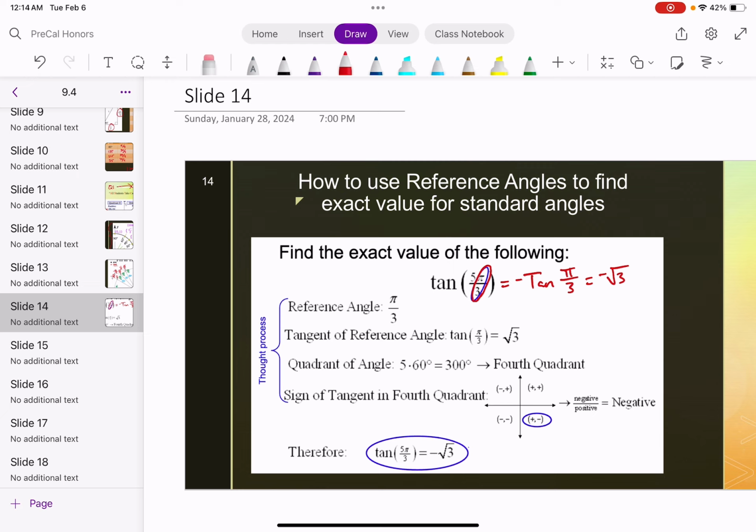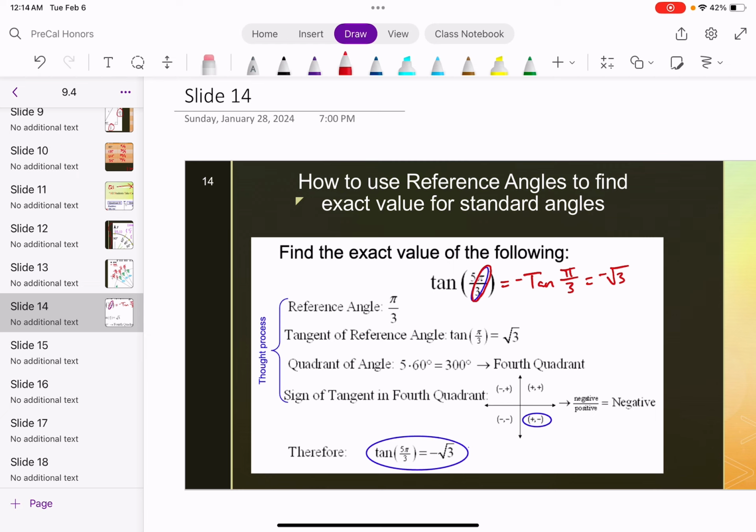Now, we really have to take a look at the entire thought process behind figuring this out. First thing would be finding the reference angle. If we have 5 pi over 3, keep in mind this is within our fourth quadrant, and we're looking to get as close as possible to our x-axis, which would be at 6 pi over 3.